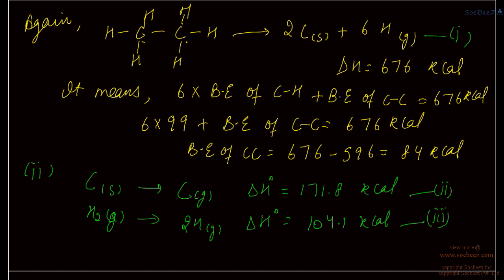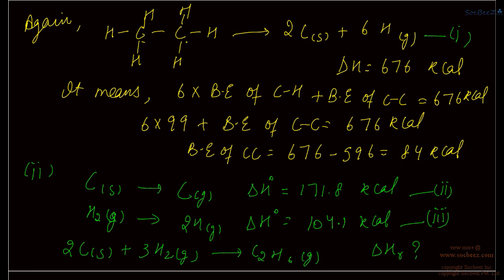Okay. Now let's do some mathematics for this reaction. We need to calculate delta H for the reaction 2C solid plus 3H2 giving C2H6, that is the heat of formation of ethane.